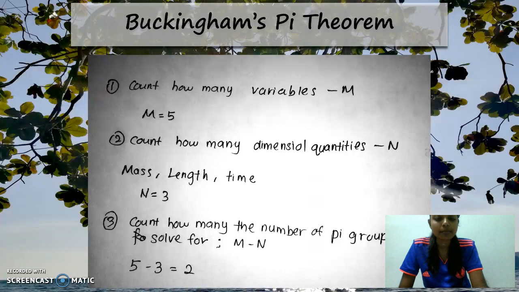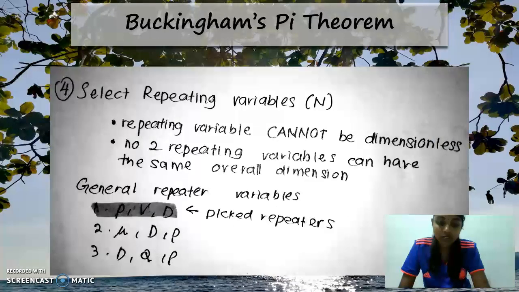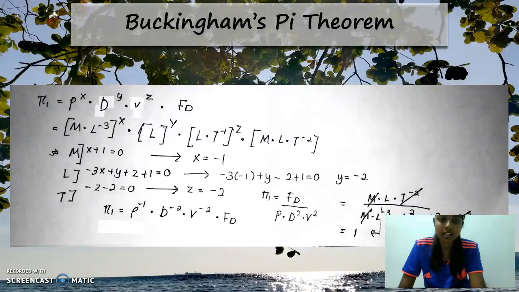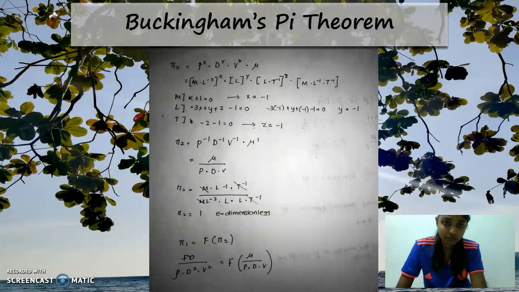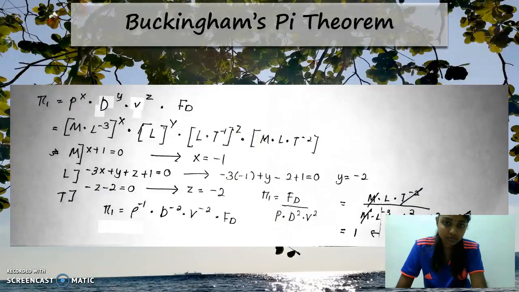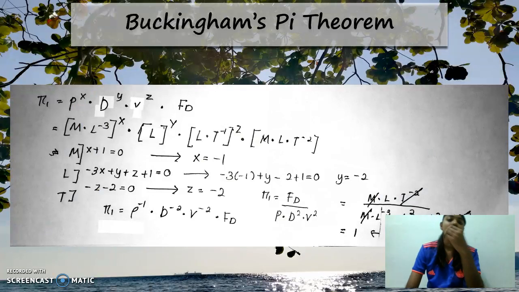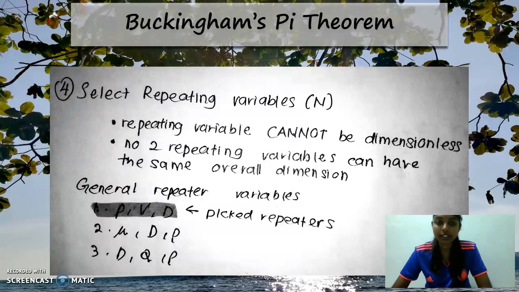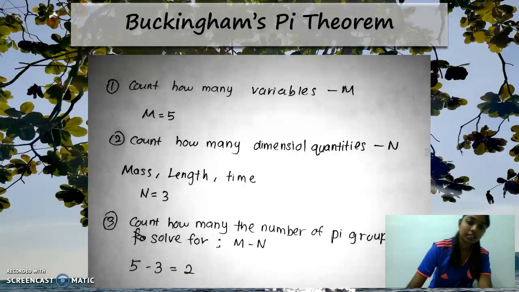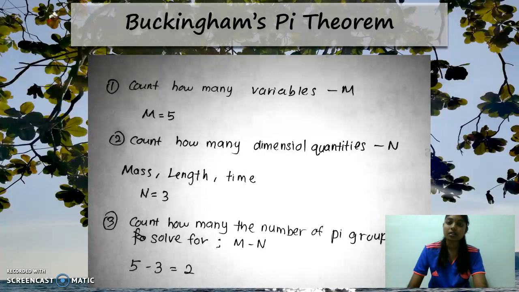So we have to select repeating variables. Repeating variables are the things that have something in common. They cannot be dimensionless, and no two repeating variables can have the same dimension.